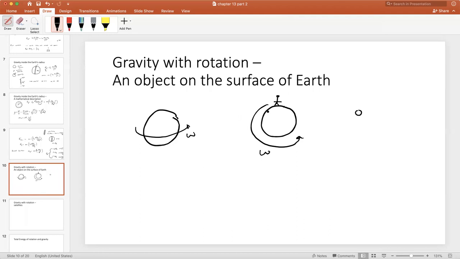So we know that when you rotate around, you have this a_rad, right? And you also have gravity pulling you down. You have a_rad because you're going around.